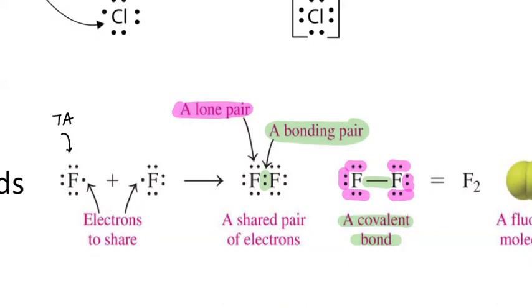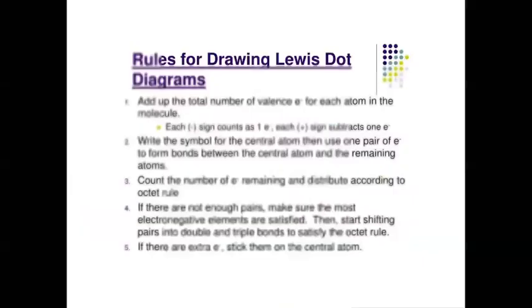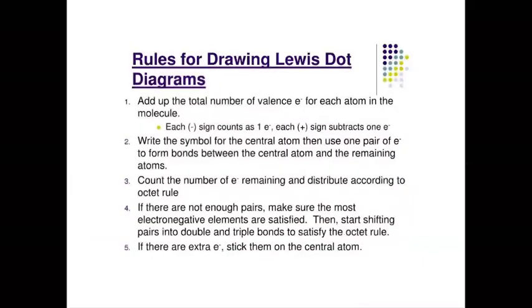So in this section, we're going to learn how to build Lewis structures. These are the rules for Lewis structures, okay? Number 1, we add up the total number of valence electrons for each atom in the molecule. If we have polyatomic ions, that's going to affect our count: if they are negative polyatomic ions, we add electrons, and if they're positive polyatomic ions, we reduce the number of electrons.